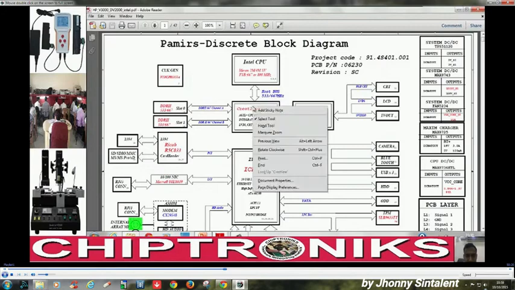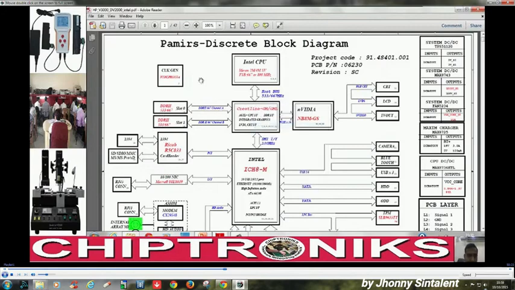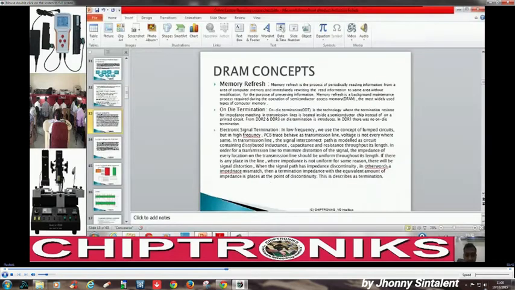In this notebook motherboard, the data communication between GMCH and RAM is taking place at a very high frequency, so we cannot use the concept of lumped circuit.